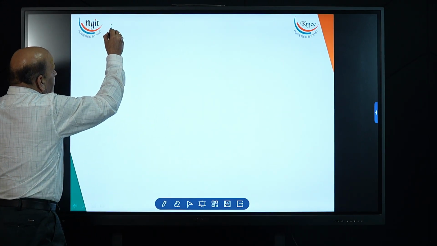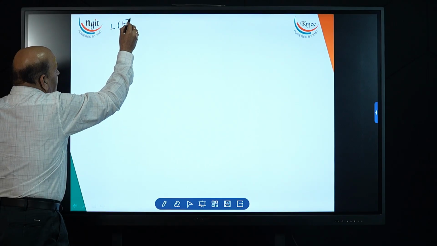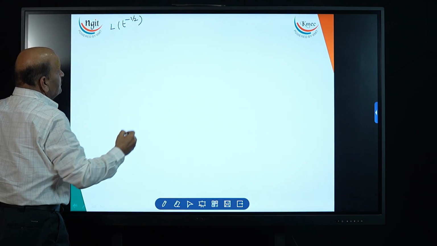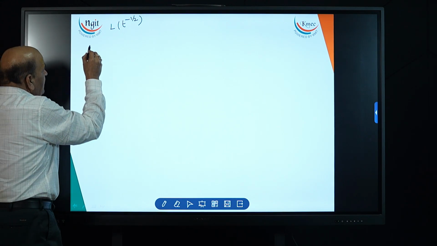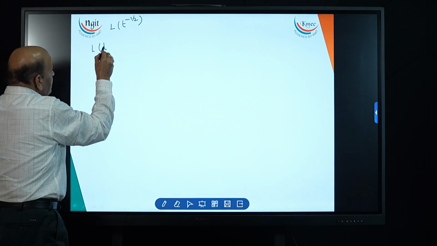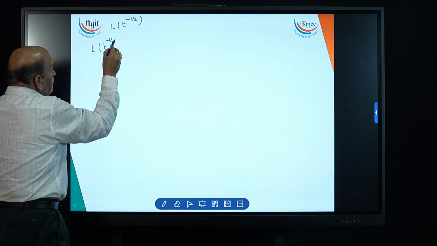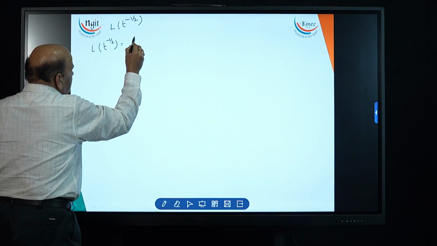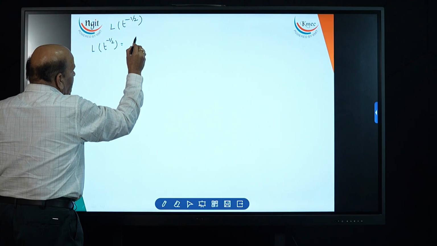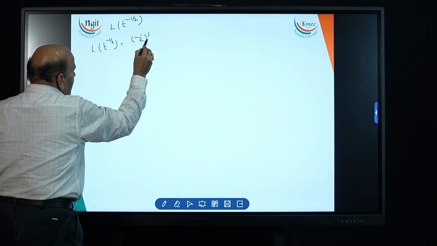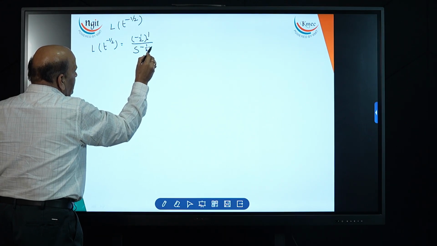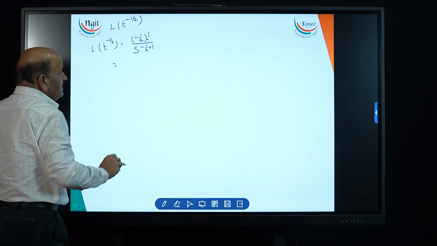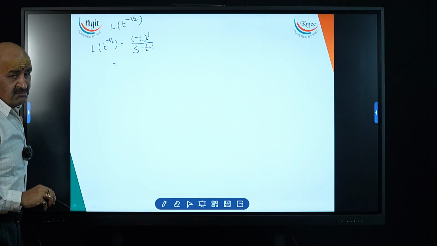Find Laplace transformation of t power minus 1 by 2. L of t power minus half, here n equals minus half, is equal to factorial of minus half by s power minus half plus 1. But there is no factorial for negative numbers.